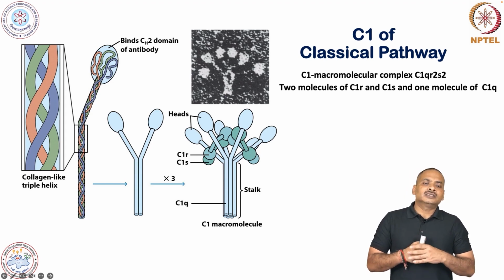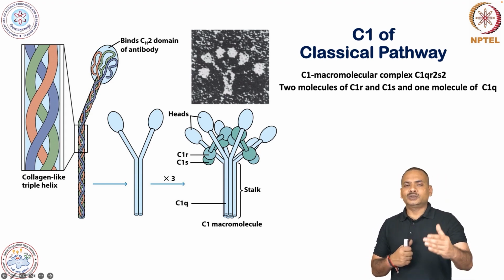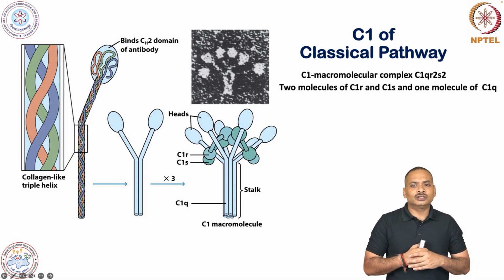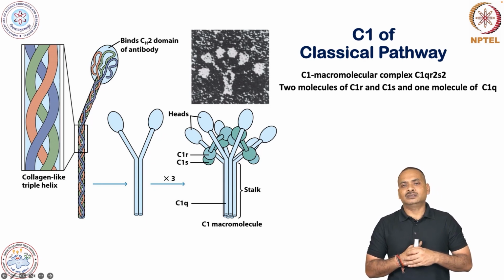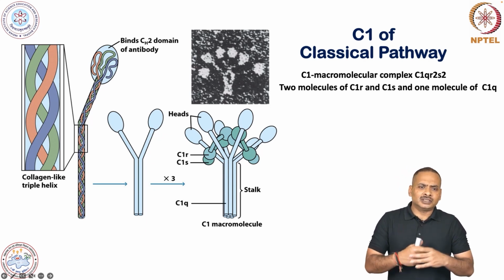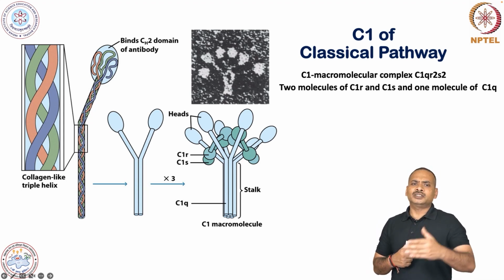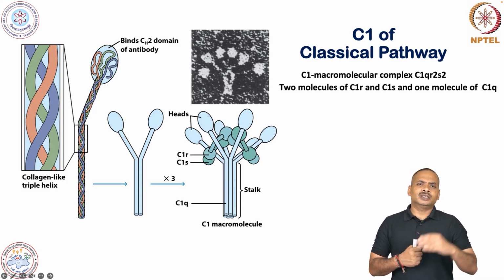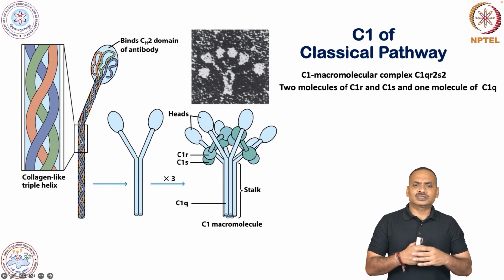And this C1Q makes a complex with, here you can see, 2 subunits of C1R and C1S. Okay. This complex is verified by electron microscopy. Here on top there is an electron micrograph of this complex.